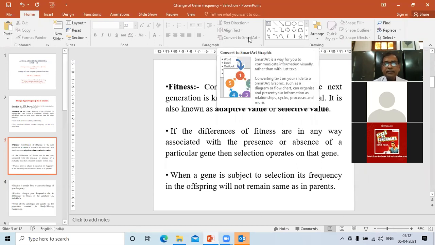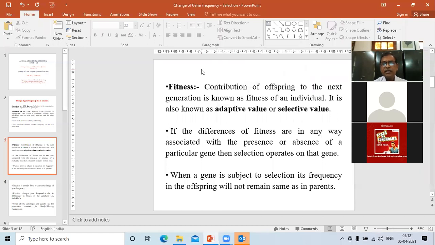Now, if the difference of fitness is in any way associated with the presence or absence of a particular gene, then selection operates on that gene. Definitely, the fitness, that is the contribution of offspring to the next generation, is not equal for each and every individual. That must be due to certain factors.